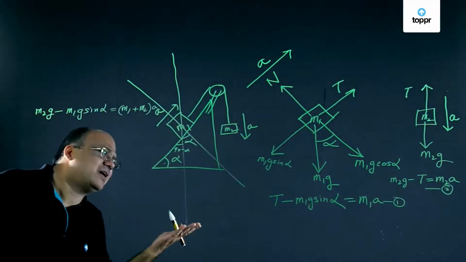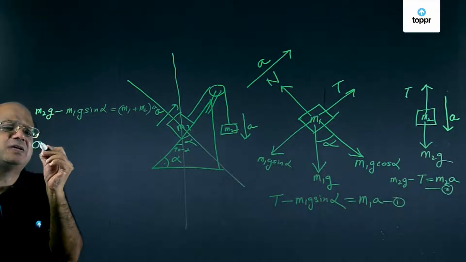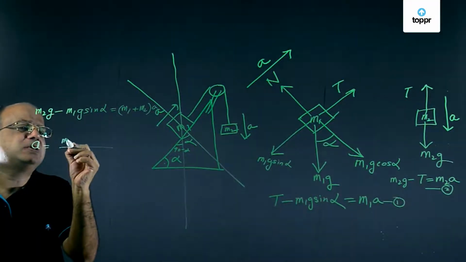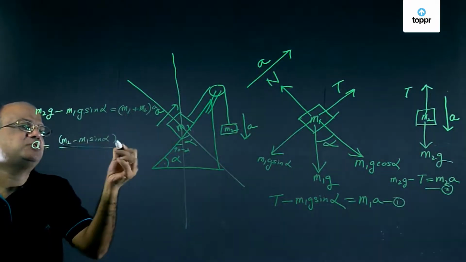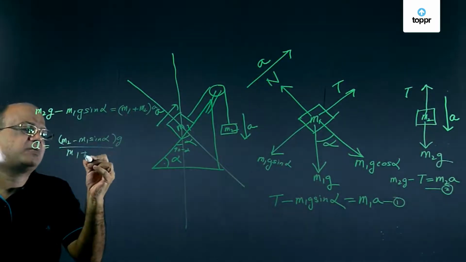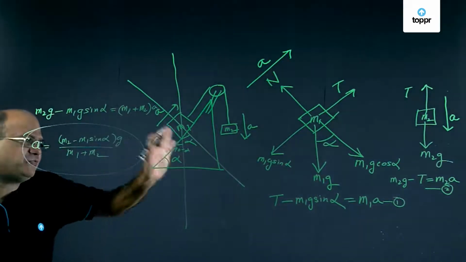Just simple algebra, right? So a becomes (m2 minus m1 sine alpha) into g by (m1 plus m2). Acceleration found out. Nothing difficult.